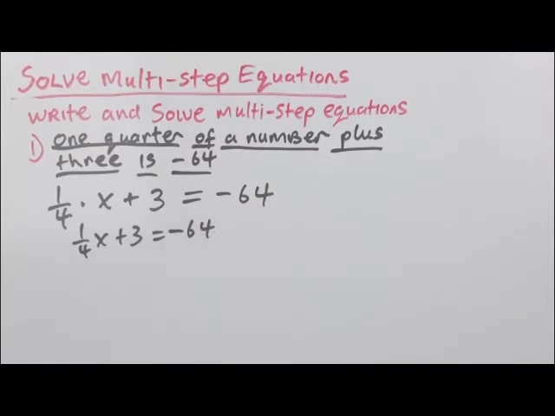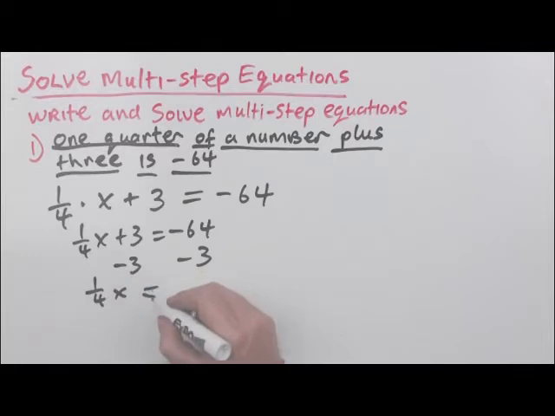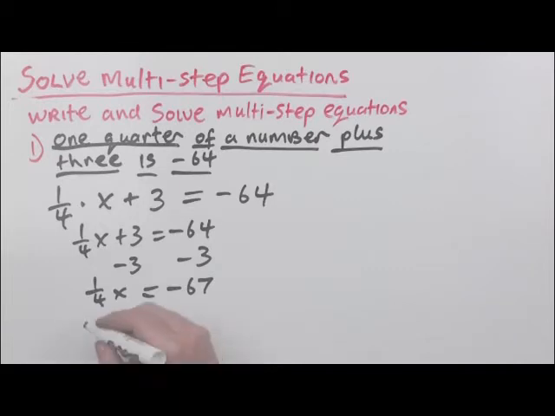The first thing I'm going to do is use the subtraction property to get rid of the plus 3. So I'm going to subtract 3 from both sides, so I can start to get the x by itself. So 1/4 x is equal to negative 67. Now I multiply by the denominator, or what I'm doing is flipping the fraction upside down.